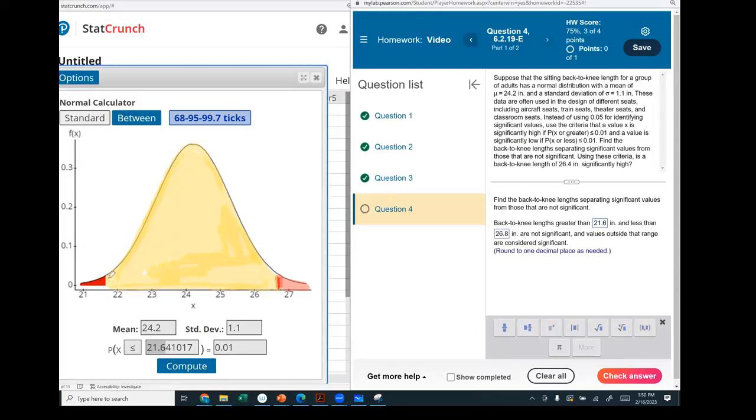It actually gives me the probability, so this probability here, this probability here is 0.01. And this probability here is 0.01, which is the same as the area on both sides under the curve in red. We don't want the part in red. We just want the part in yellow. Let's hit check.